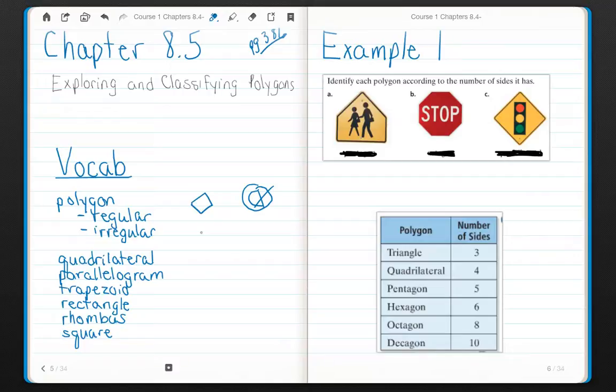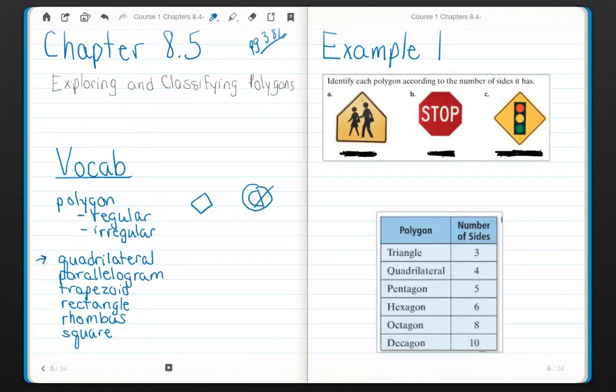Now, there are 2 kinds of polygons. Regular, where all sides are congruent, meaning they are the same length, and all angles are congruent, meaning that they are the same. An irregular polygon is a polygon with sides that are not all congruent or angles that are not all congruent. Again, congruent meaning the same. So, many different kinds of shapes.